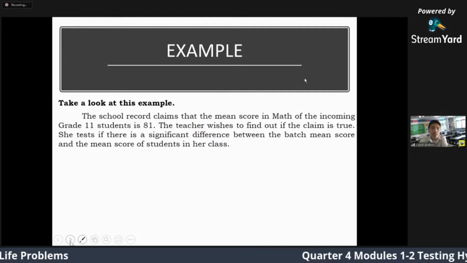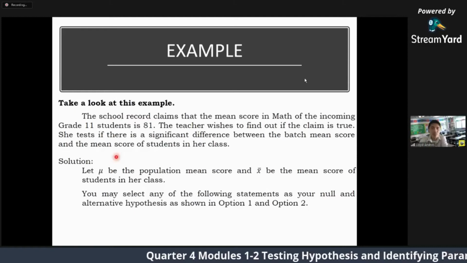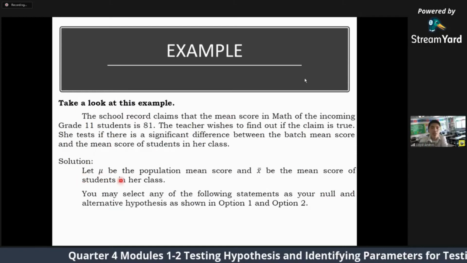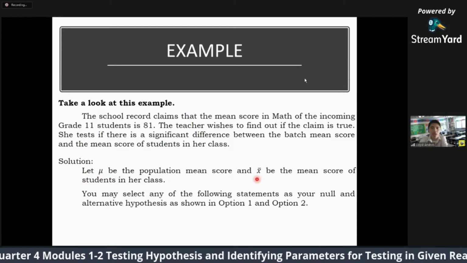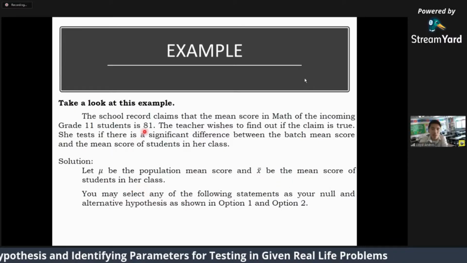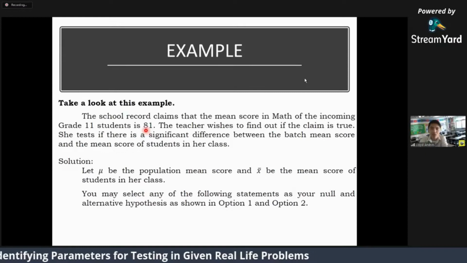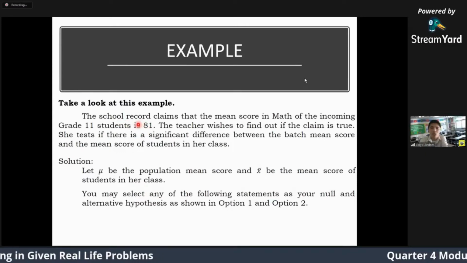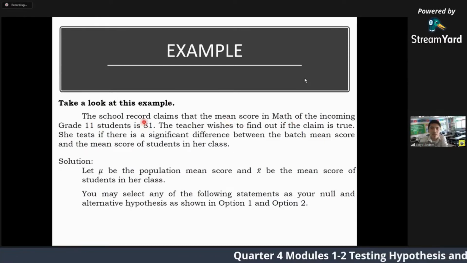Okay. Sa diring example, let U be the population mean score and X bar be the mean score of the students in the class. Meaning kaning 81 dere is ang population, school record ni. Meaning gikuha tanan ang score sa math sa tanang students sa grade 11, then the average 81.